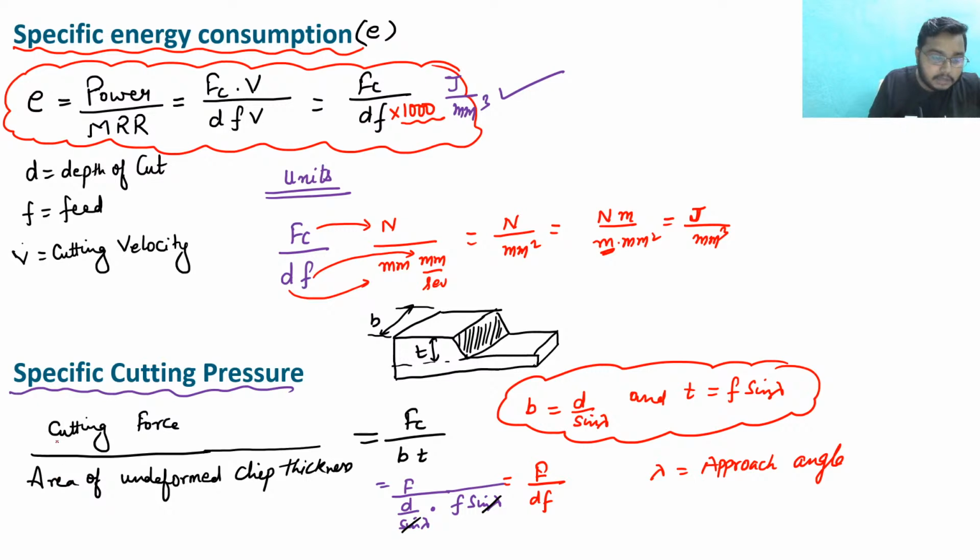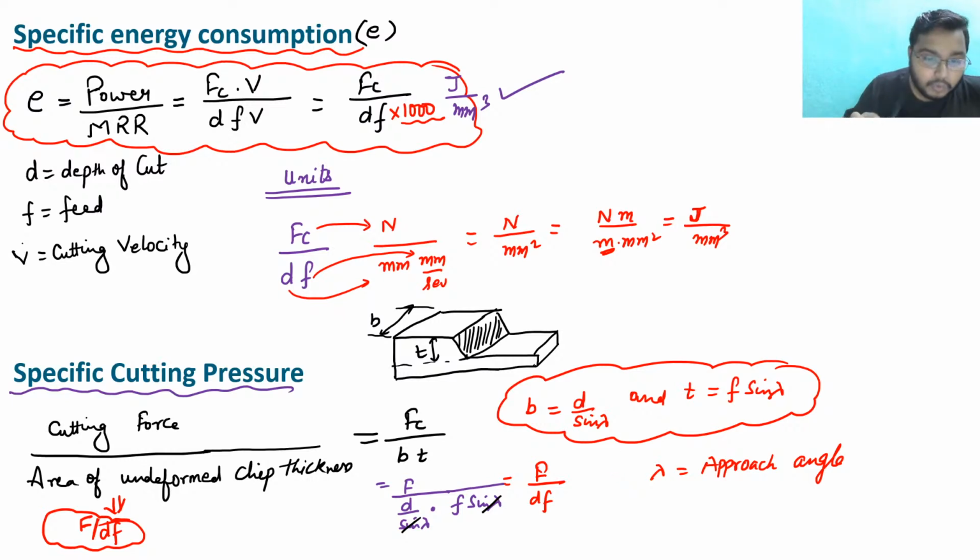So just remember that specific cutting pressure is equal to cutting force by area of undeformed chip, which is nothing but F by df.